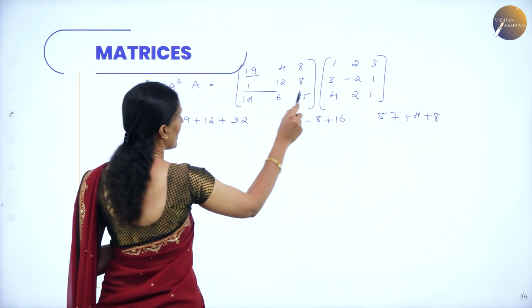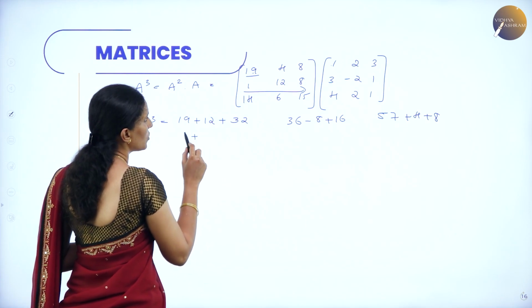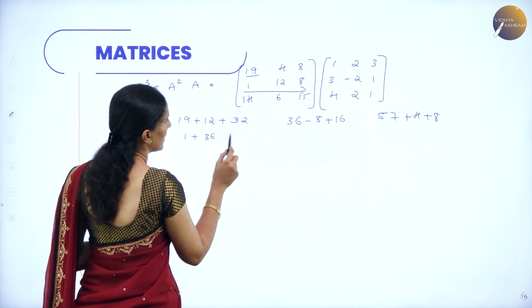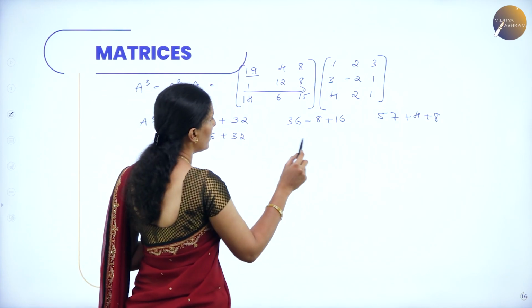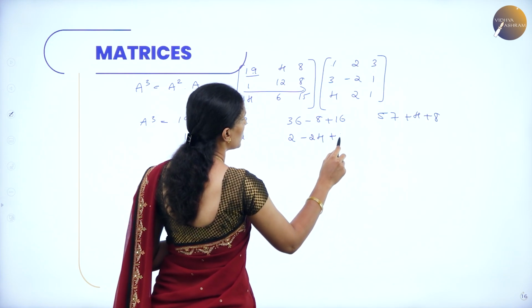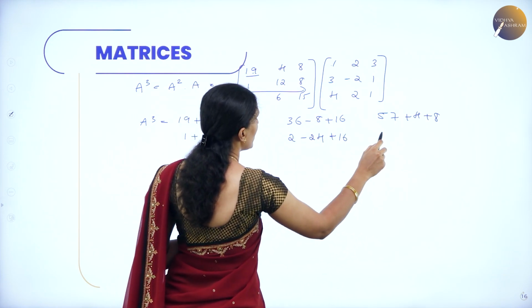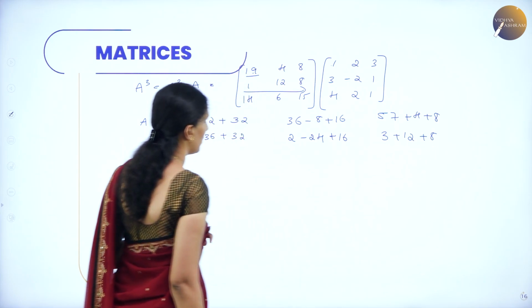Next, we have second row with all the columns. 1 ones are 1, 12 threes are 36, 8 fours are 32. Next, we have 1 twos are 2, 12 twos are minus 24, 8 twos are 16. 1 threes are 3, 12 ones are 12, 8 ones are 8.